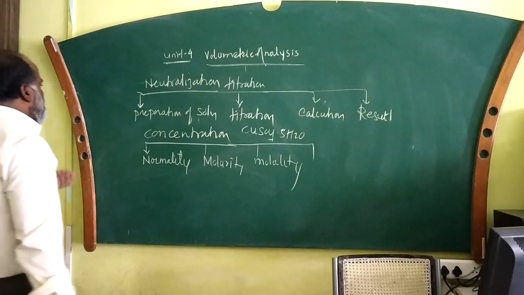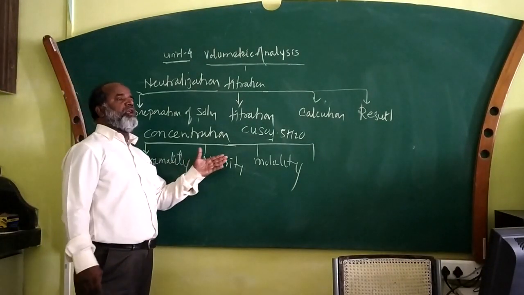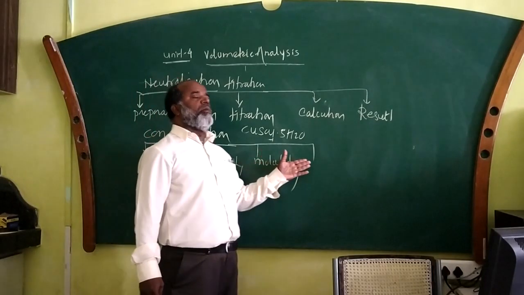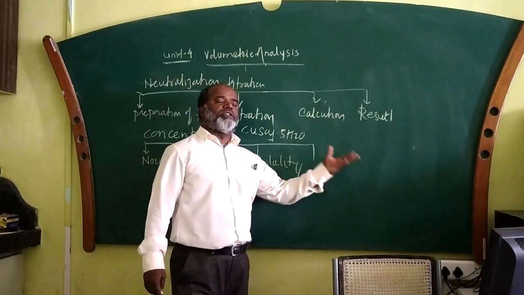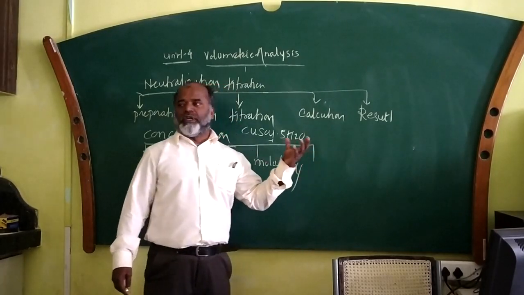So remember, normality, molarity, mole fraction, ppm, ppb, these are all small scale units.